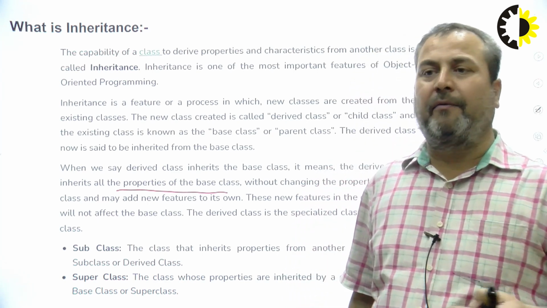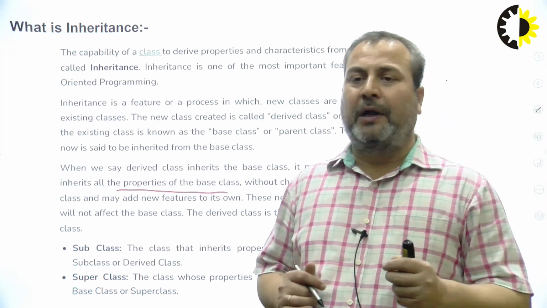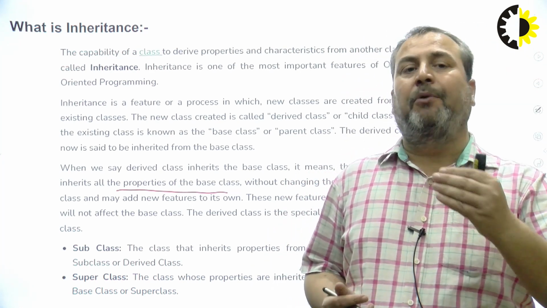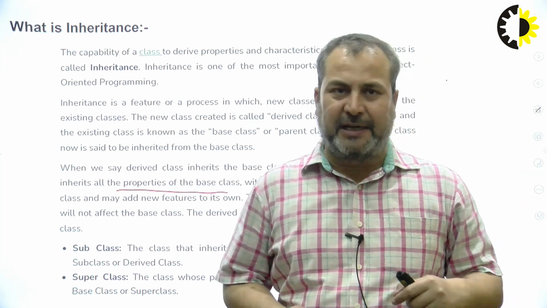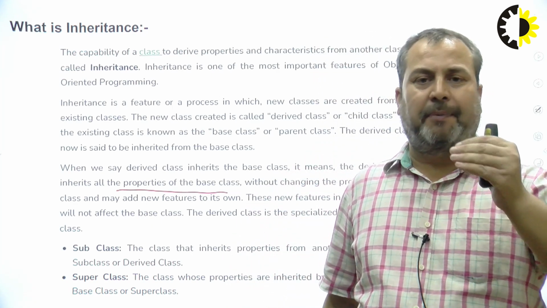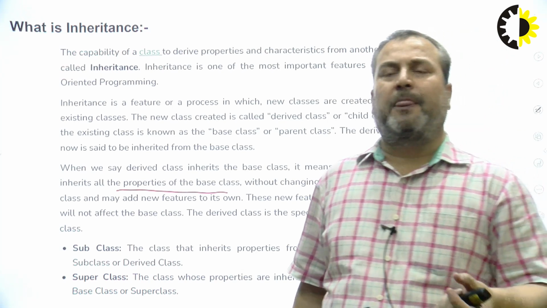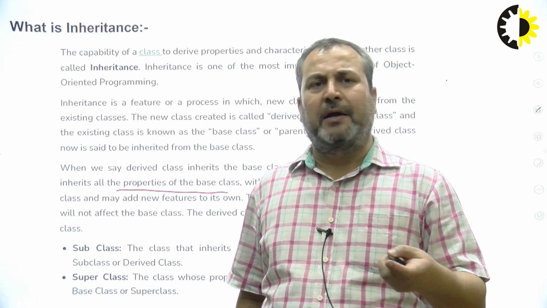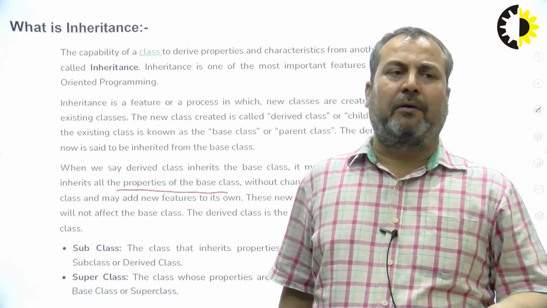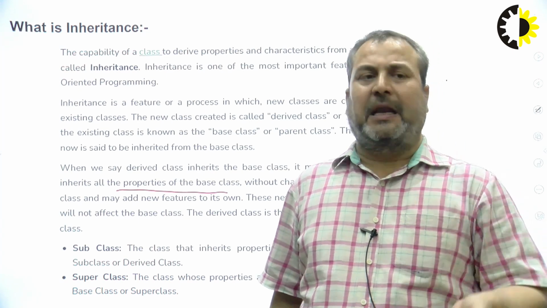Like the properties of software, one property is maintainability. How can we maintain? Maintain means the software must be flexible. From time to time, requirements may change, and new requirements may be added after a few years. So we will not recreate the base class.